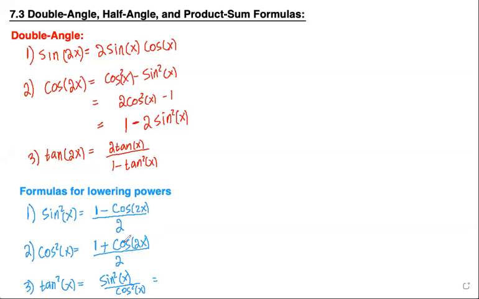So this over this gives me 1 minus cosine of 2x over 1 plus cosine of 2x. This formula is called lowering power, because from square it goes to a lower power of 2. The exponent here is 2, the exponent here is 1. So these formulas are derived from the cosine, from the second one.